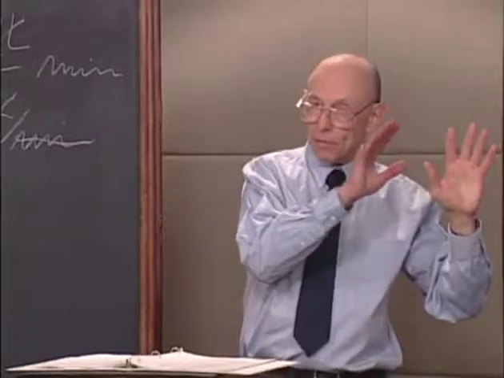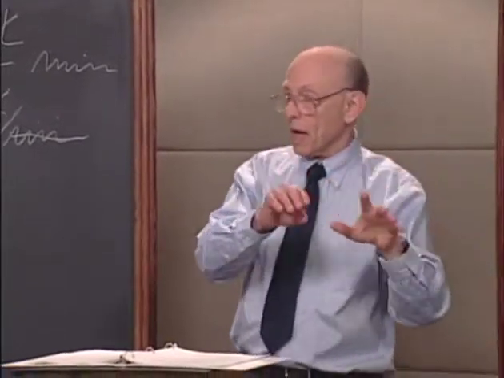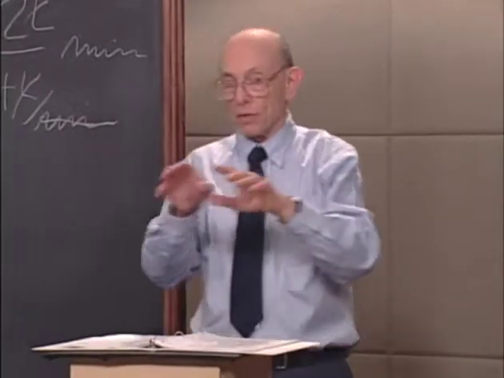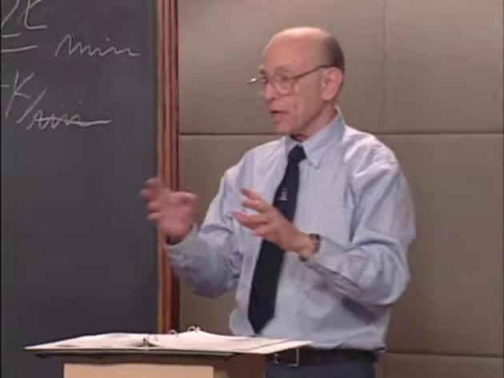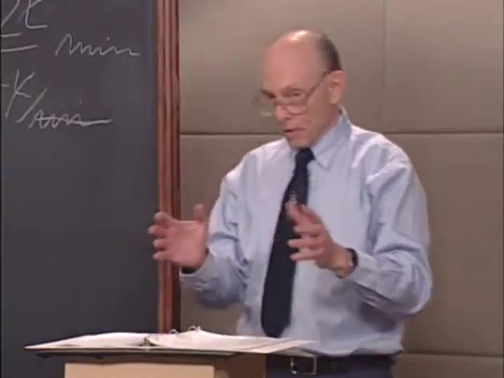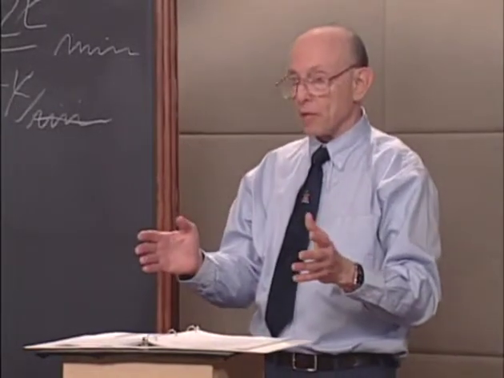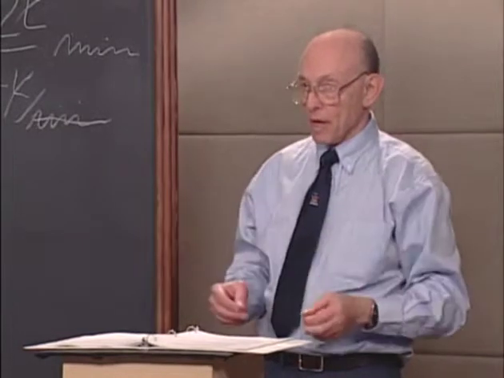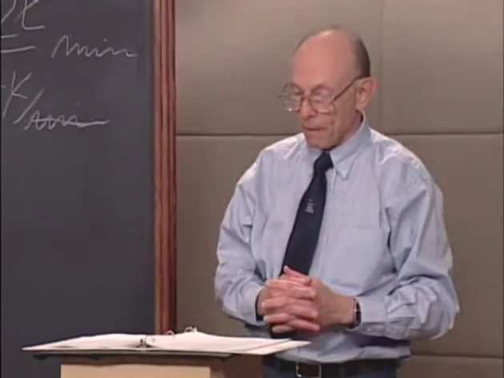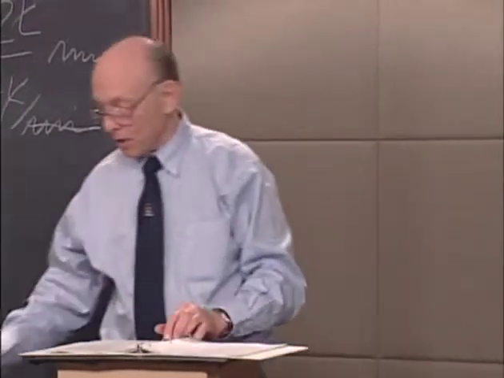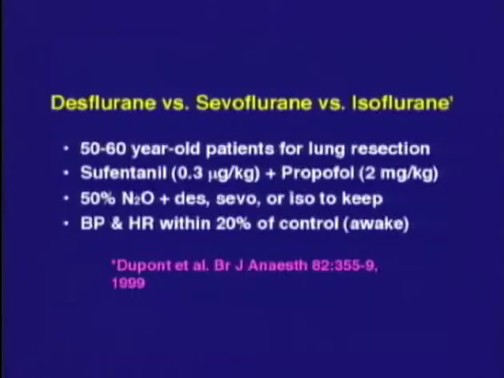Now, there have been many comparisons that we've been really taking from when we talked about isoflurane versus sevoflurane and isoflurane versus desflurane. There are also comparisons between desflurane and sevoflurane. The differences here should be less, and they should be less because the differences in solubility are less than they were for the comparisons that we made previously. Here's one comparison, though, by Dupont and coworkers.